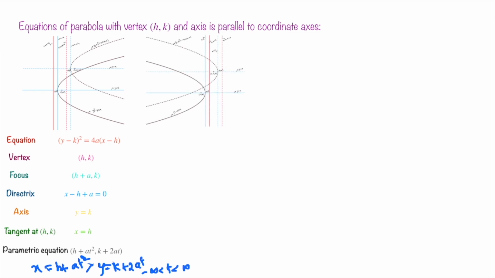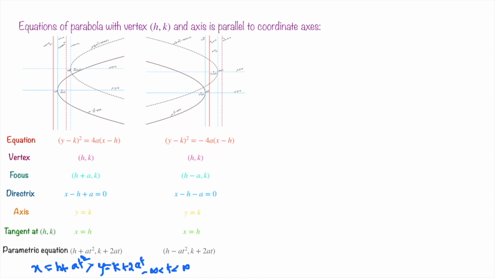So this is the parabola whose equation is the transformed equation of y square equal to minus 4ax when the vertex (0, 0) is shifted to (h, k). Here the equation is (y minus k) whole square equal to minus 4a times (x minus h).